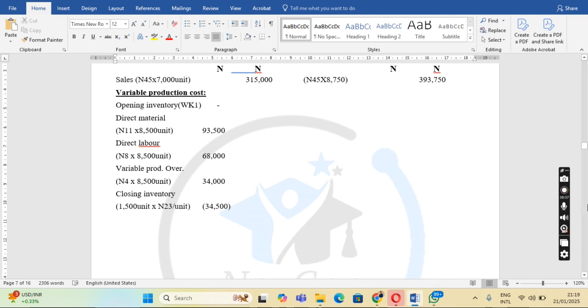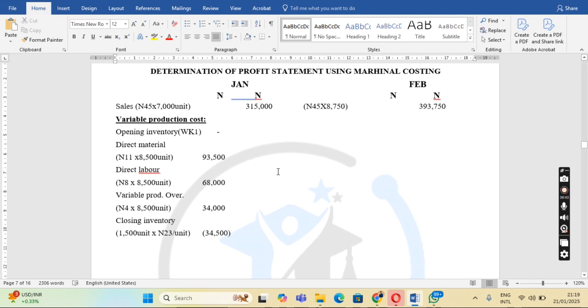So now, if this is established, class, don't forget that we want to go to February, right? Now, the closing inventory. You can do all these workings that I did here, this 11 naira times 8,500 units. You can put it in your workings, right? Now, the closing inventory of January will be the opening inventory in February.